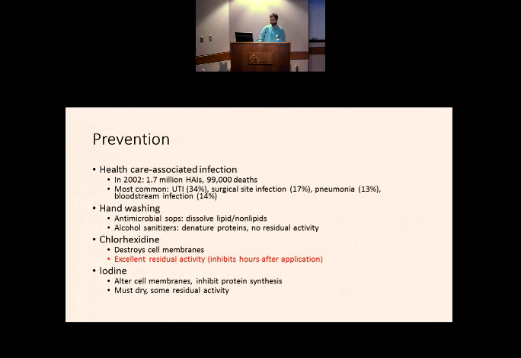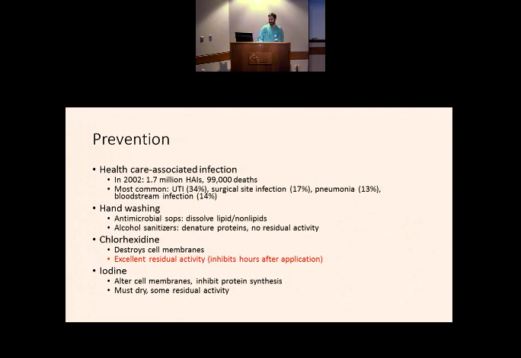Prevention of infections. Healthcare-associated infections are a pretty serious issue. In 2002, there were 1.7 million healthcare-associated infections and 99,000 deaths. Healthcare-associated infections are infections that people develop in the hospital that they did not have symptoms of prior to admission.